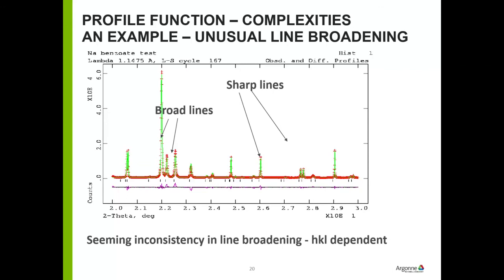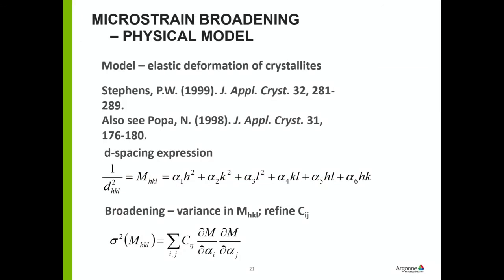Joel talked about this with respect to sample broadening, but this is a different one. This was a sample that had broadening which was HKL-dependent, and it didn't fit the Warren-Averbach model at all for sample broadening. And so a model was developed, where the idea is that the crystallites have some sort of elastic deformation because of defects.